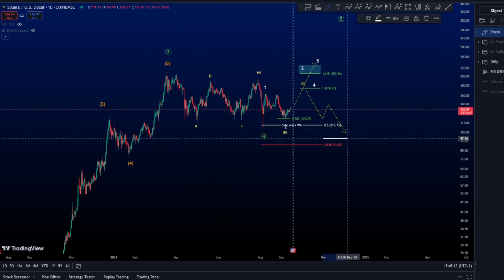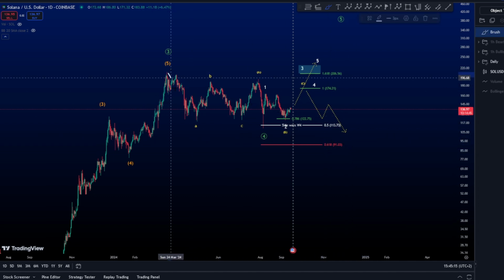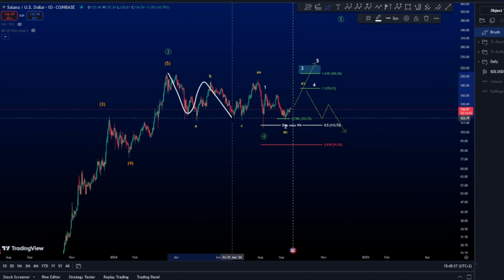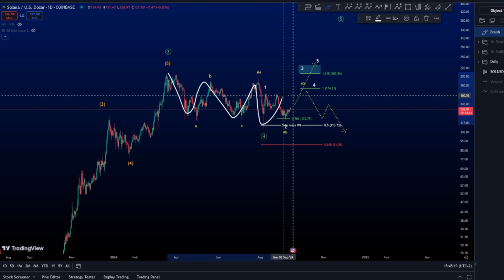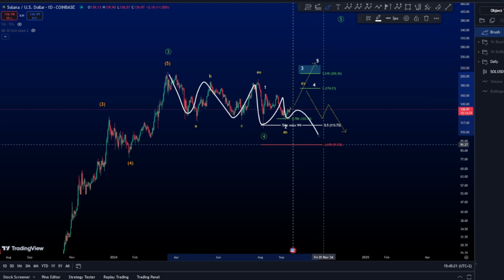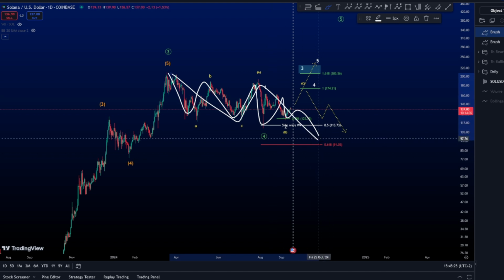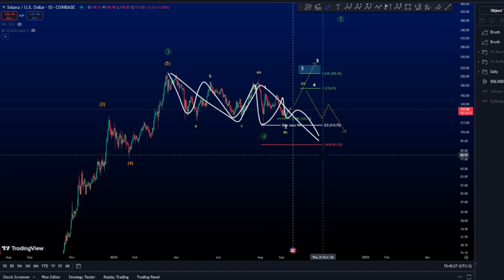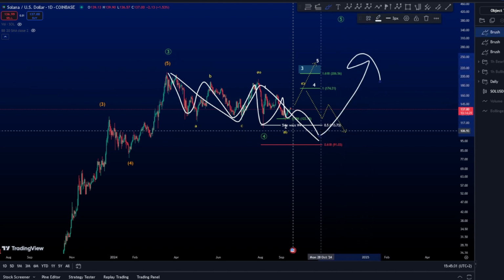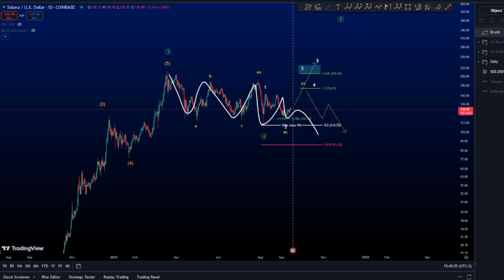Now, if we don't touch the 0.618, we might finish 3 waves towards the downside, 3 waves sideways, and 3 waves towards the downside again. In that way, it might finish your 3 wave correction, preferably not touching the 0.618, to continue towards the upside for a bigger wave 5 for this impulse. This is your first scenario.